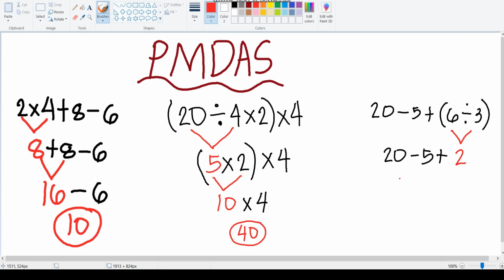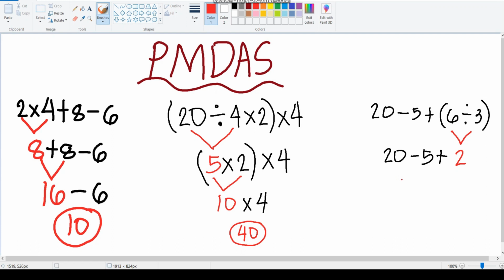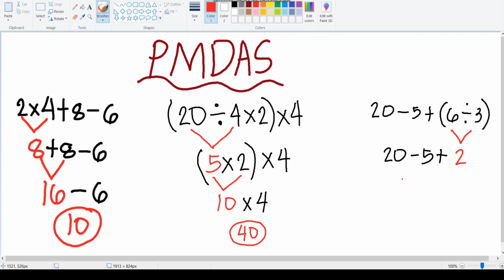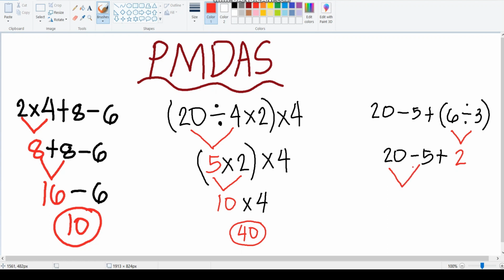So even though subtraction comes first than addition, then we will start to solve with subtraction. Okay, now 20 minus 5, that will be 15. And just copy the remaining operation and number. So we are left with plus 2. Then simplify your answer. So that will be 17.